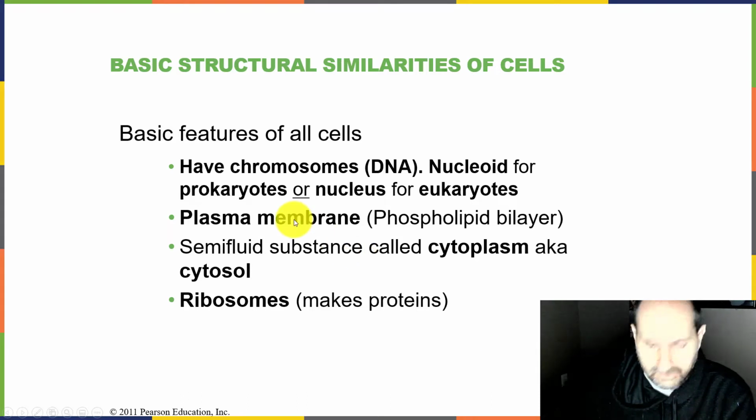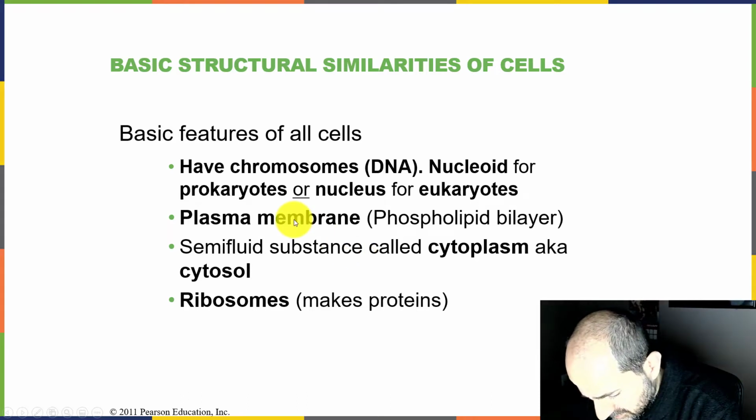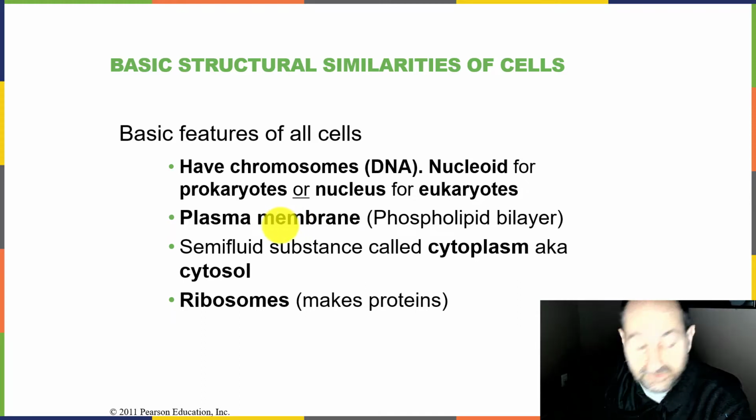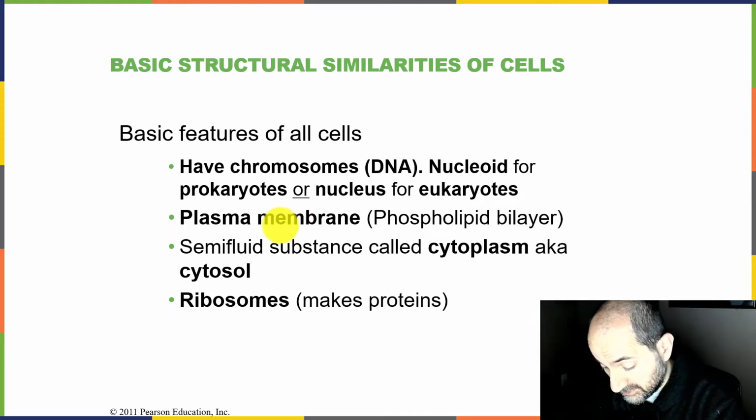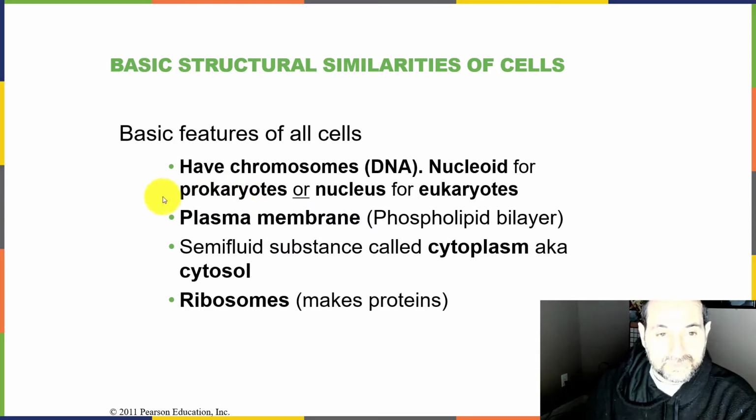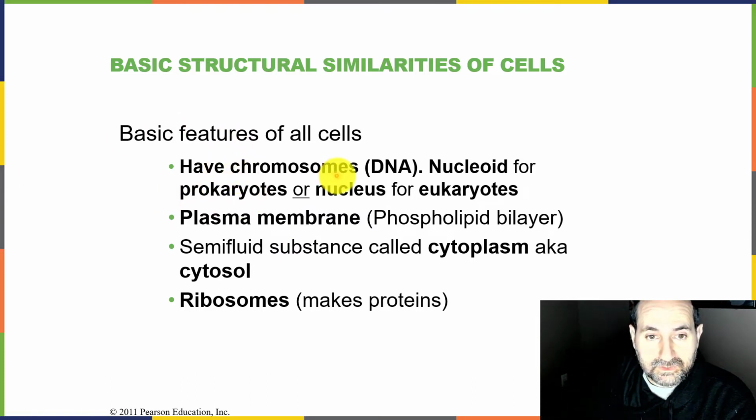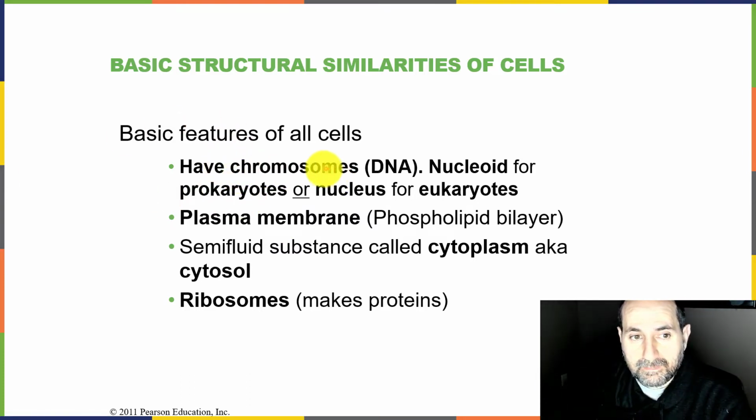One thing you should know, besides the domains that I just mentioned, prokaryotic versus eukaryotic, is these basic features of all cells. I'll be asking about the basic features of all cells. So all cells have at least one chromosome. They've got DNA.